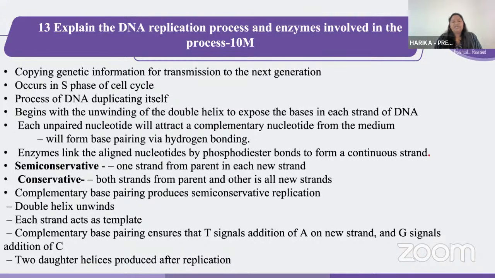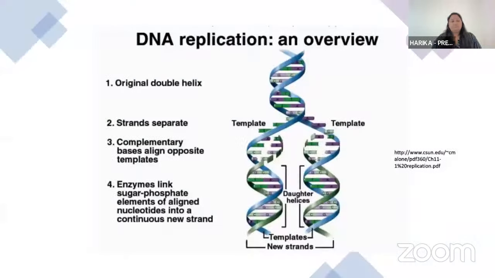Here, as you know, in general DNA there's basic base pairing: thymine with adenine on a new strand, and guanine and cytosine together form base pairs. So this is how our DNA replication happens. This is our DNA. First, it gets split into two parts.